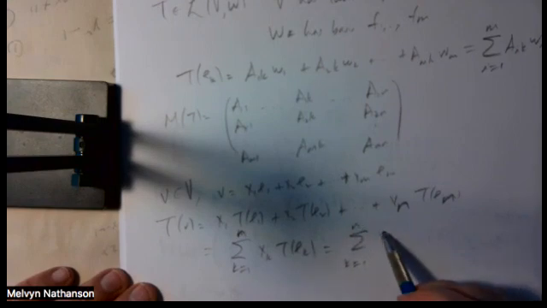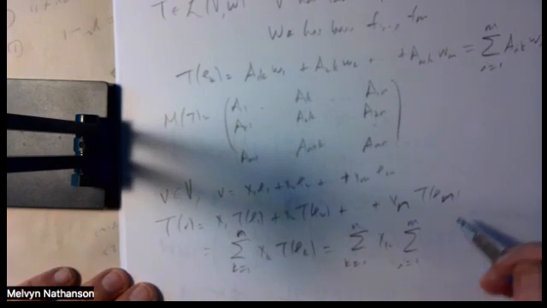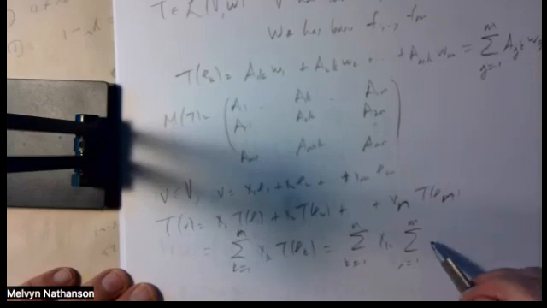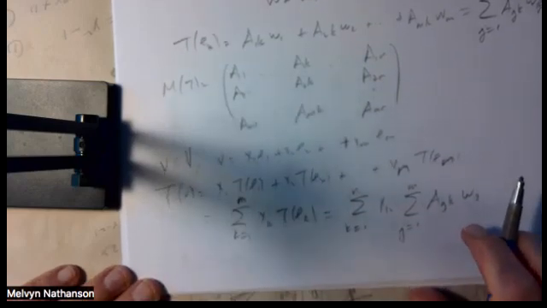And this is the summation, k goes from 1 up to n, x sub k, and T of ek is the summation, let me call this j, j goes from 1 up to m, a_jk w_j. And I can interchange the summation.